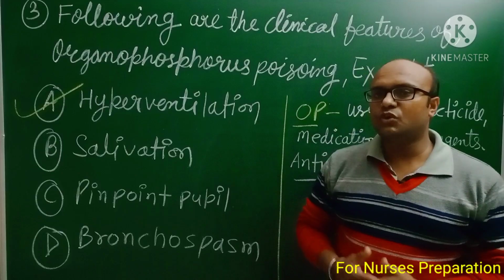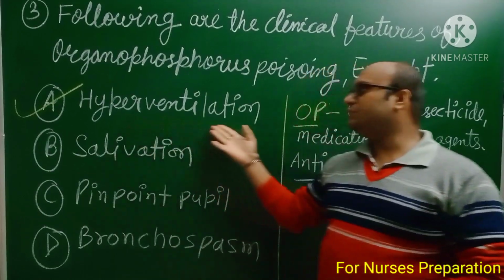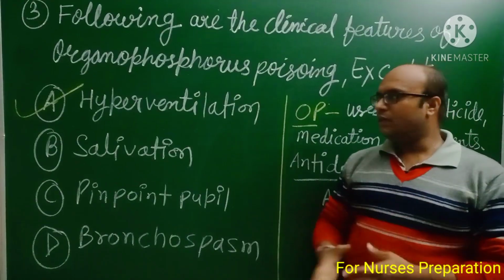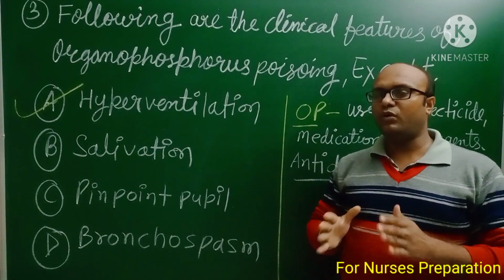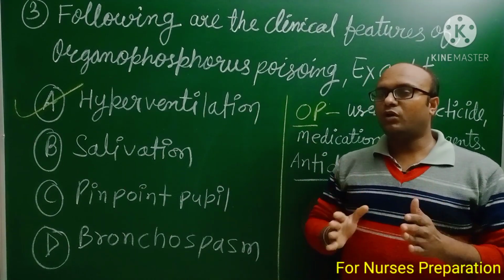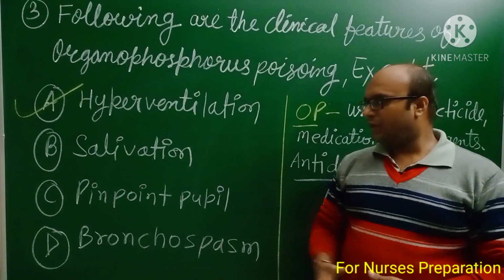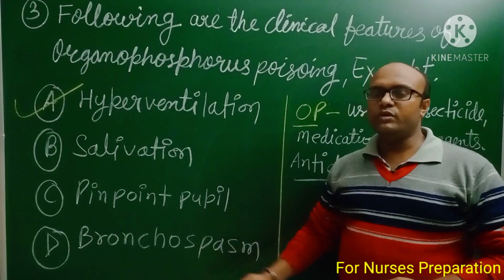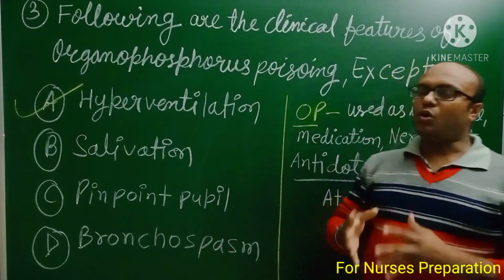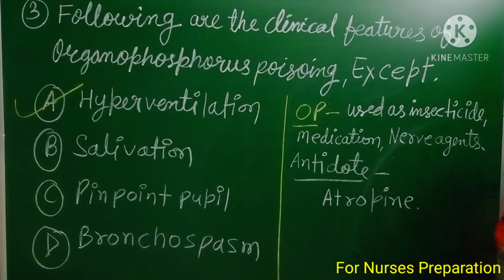The right answer of this question is hyperventilation, option A. Hyperventilation is not a clinical feature of organophosphorus or organophosphate poisoning. Salivation, pinpoint pupil, bronchospasm are seen in organophosphorus poisoning.